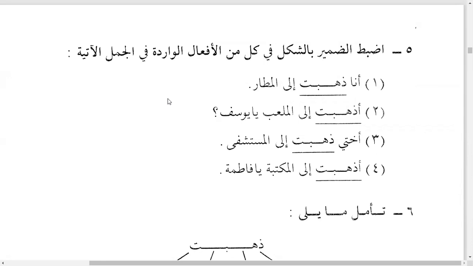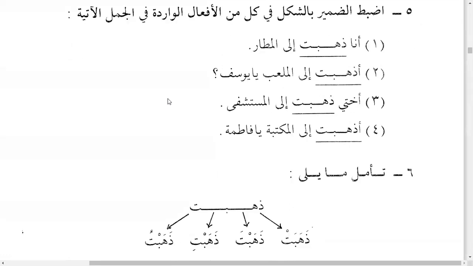Did you go to the playground, oh Yusuf? Okay, ukhti dhahabat. The third person we need to be very careful, that the ta is sakin. So ukhti dhahabat ila al-mustashfa. My sister went to the hospital. Okay, now we are talking to Fatima.